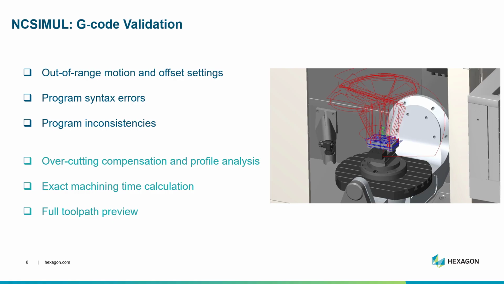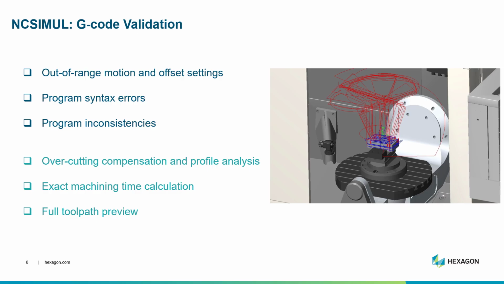The first step is the G-code validation, and this is going to catch anything that would alarm out your real machine. So those will be the out-of-range motions, the overtravels, undefined codes. Basically, if you walked out and loaded the program and the machine alarmed out, you would know that ahead of time inside NC-Simul.